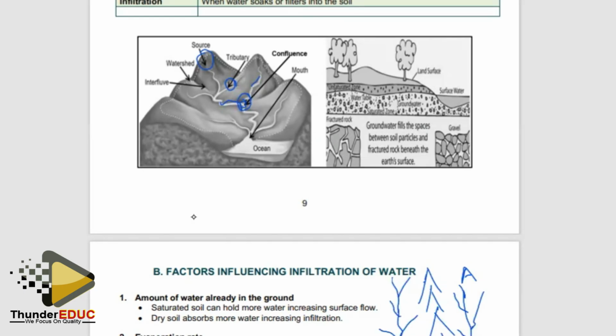This is a drainage basin on its own, and this is a different drainage basin. This is the river system of river A, and this is the river system of river B. These two river systems are split by this high-lying area. This is what we call the watershed.